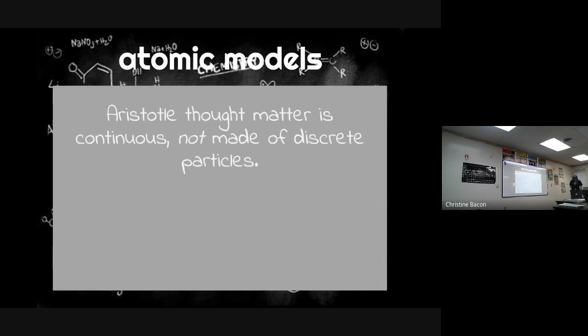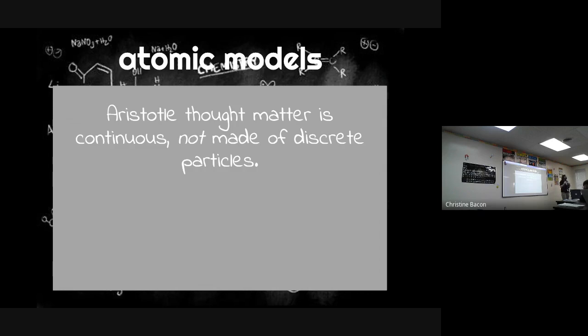In contrast, you have Aristotle, a really well-known philosopher that was known for theorizing a lot of concepts in other areas. So Aristotle had his theory that matter was continuous and not made of discrete particles, where he thought that you could keep dividing it infinitely, kind of like what Zach was saying.